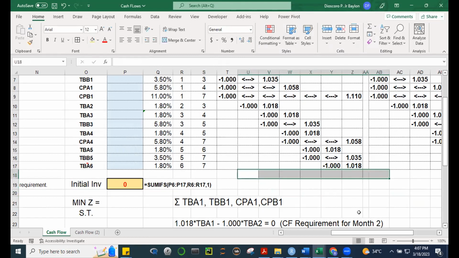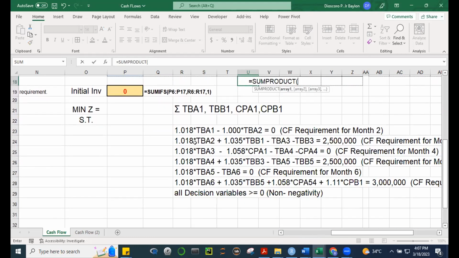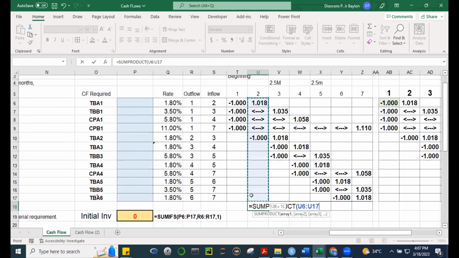So we can just get a function that we learned before. And that's equal to sum product, where you get this is a lot easier than having to one by one set up your left-hand side here. You just get the sum product of your factors, right? And your decision variables. The sum product of your decision variables.